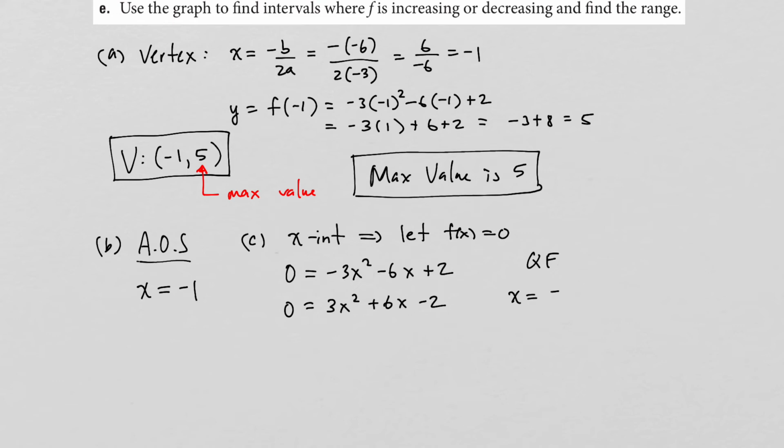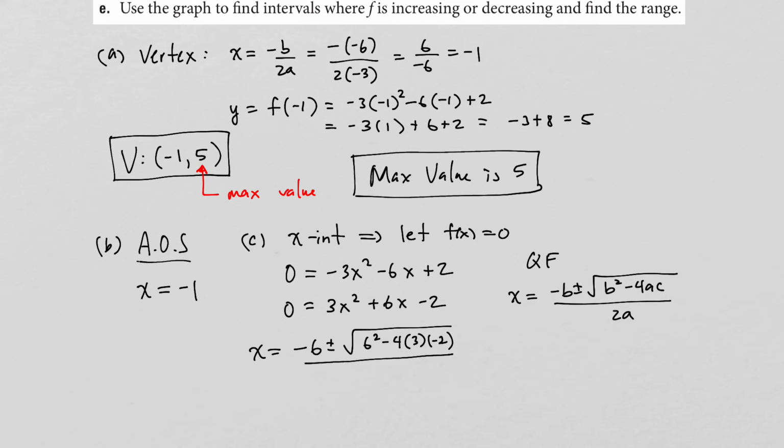Quadratic formula tells us x equals -b plus or minus the square root of b squared minus 4ac, all divided by 2a. And so for this particular example, we have -6 plus or minus the square root of 6 squared minus 4 times 3 times -2, all divided by 2 times 3.